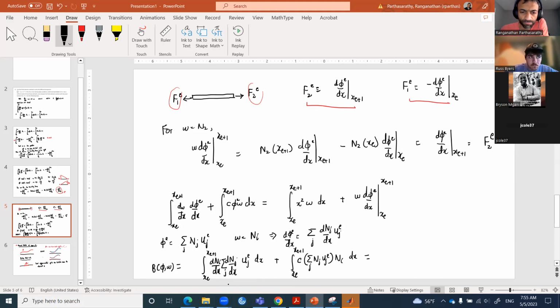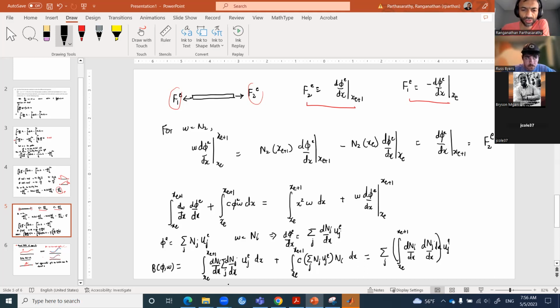So bring the sigma outside, take the integral inside, dx.